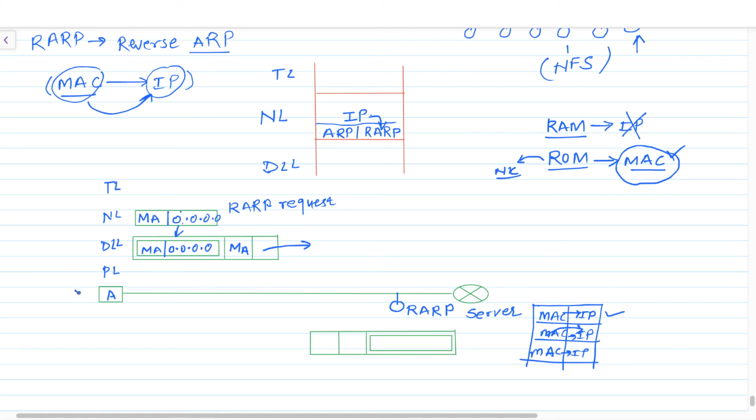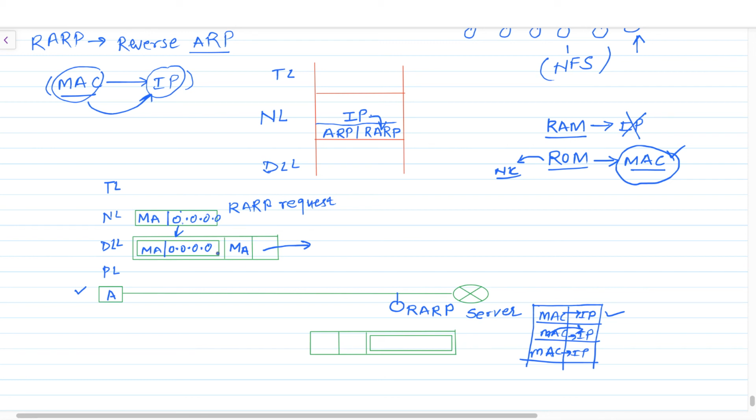So here this host is not able to remember its own IP. So obviously it does not know the RARP server's MAC address also. If it were able to memorize the MAC address of the RARP server, it could memorize its own IP address also. So why are all these things required? All these things are required because it is only knowing its MAC address, that's it.